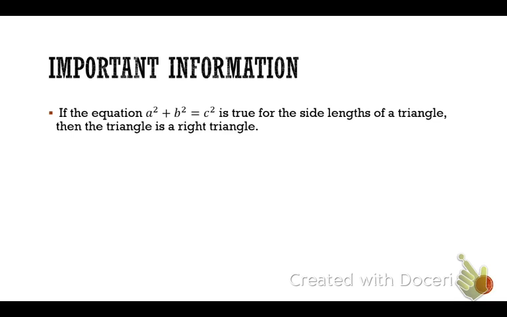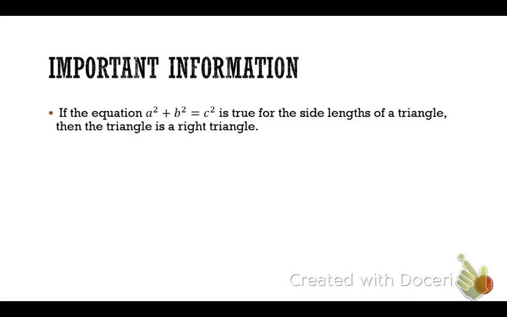Coming back to the Pythagorean Theorem now, my converse theory. Converse means in reverse. In 15.2, I said it was a right triangle and I could solve for an unknown side length. Now, if I know all of the side lengths, you are not solving for a side length here.